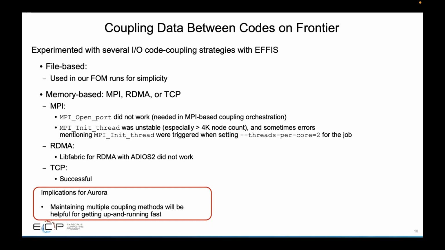And some of these worked, some of these didn't, and still need to be worked on and debugged. But I think the implication for Aurora is that maintaining these multiple methods for coupling is going to be helpful, because if some of them don't work, then we're going to have backup options. So that was very helpful for getting things running quickly on Frontier.